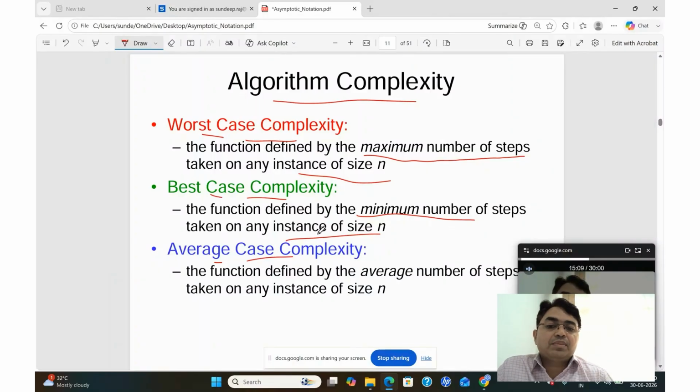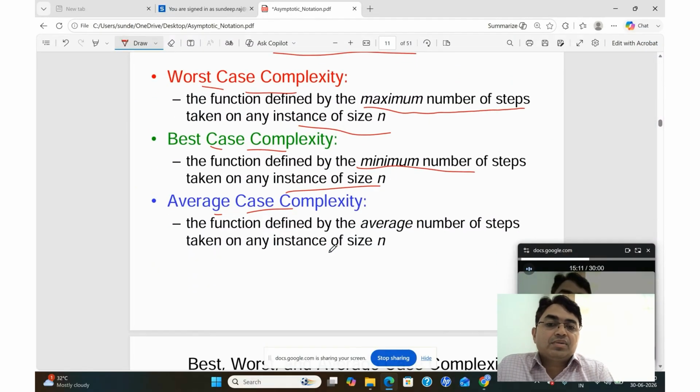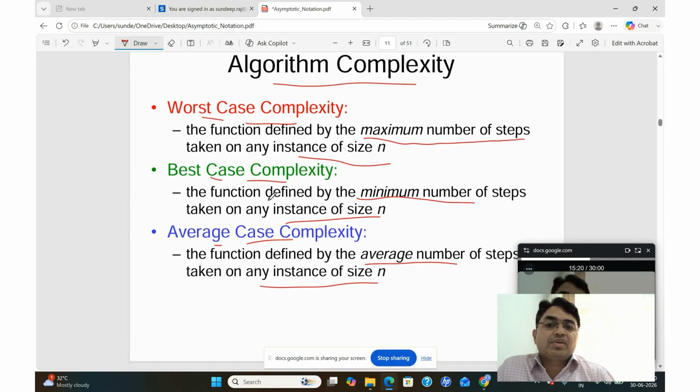And average case is when the function for a particular algorithm is defined by the average number of steps taken on an instance of size n. When our algorithm gives the output by taking the maximum number of steps, that gives us the worst case complexity in terms of order of, and similarly the best case complexity and the average case complexity.